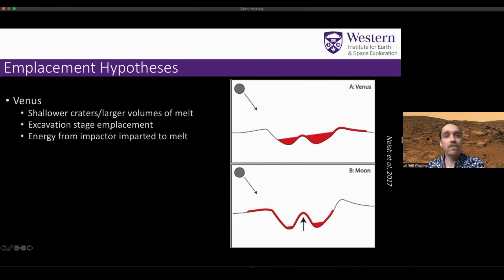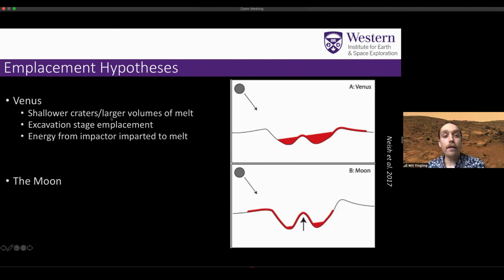For Venus, it generally has melts, and the energy imparted from an impactor is imparted into the melt, which is able to push it up and over the rim during the excavation stage of emplacement. And just as a general reminder, we have generally three stages of the cratering process: the contact and compression stage, excavation stage, and the modification stage. So for Venus, it happens during the middle of the cratering event.